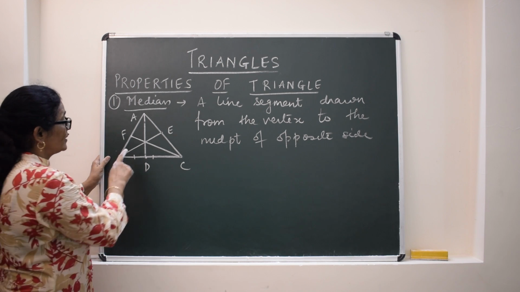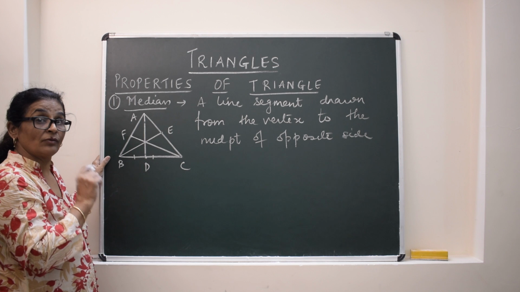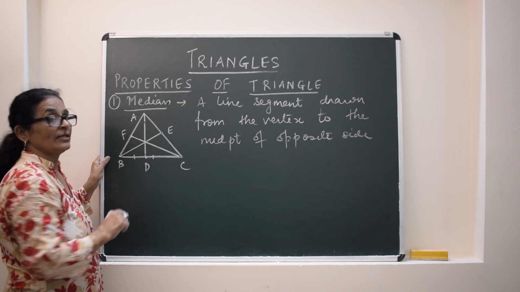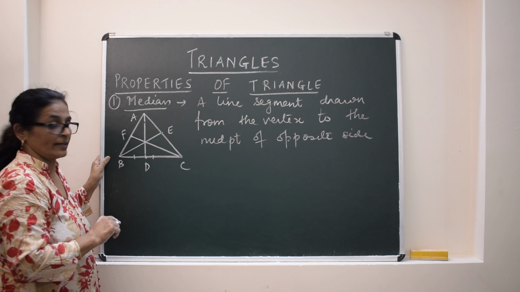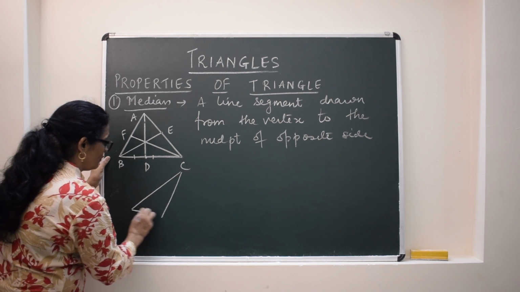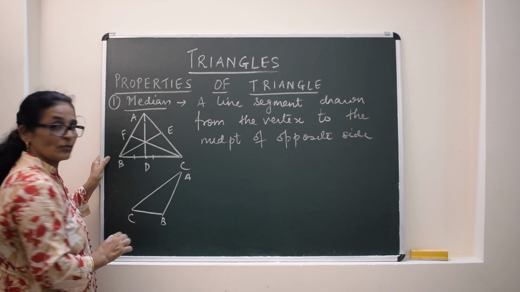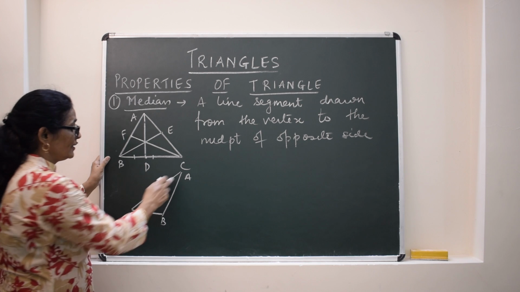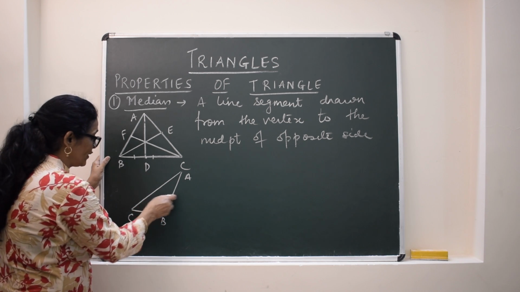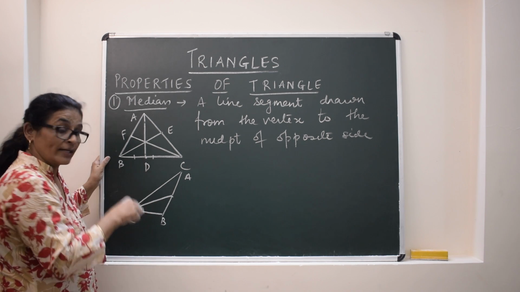Now, there are three medians, and of course, whenever the median is drawn, it will lie inside the triangle. Now, first case I have taken an acute angle triangle. I'll give you an example of obtuse angle triangle. Because when we are taking the midpoint of the side of the triangle and we join it by the opposite vertex, it will lie inside the triangle only.